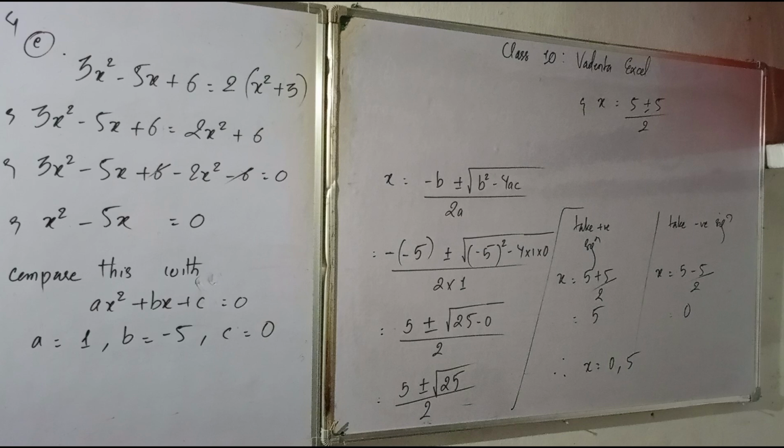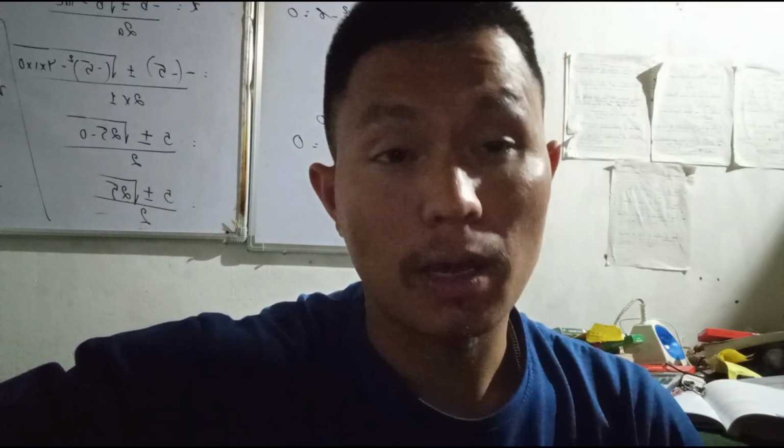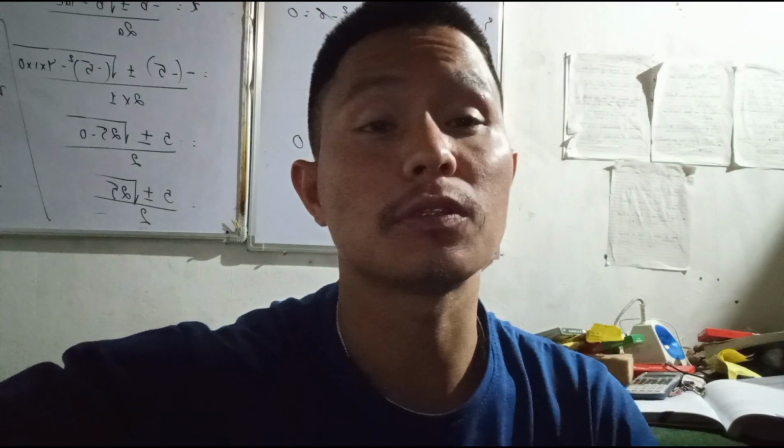One is 0 and the other is 5. There's nothing more. Very easy. So you focus on this type of question. If you can remember the formula, I think this is the most convenient way to solve quadratic equations.